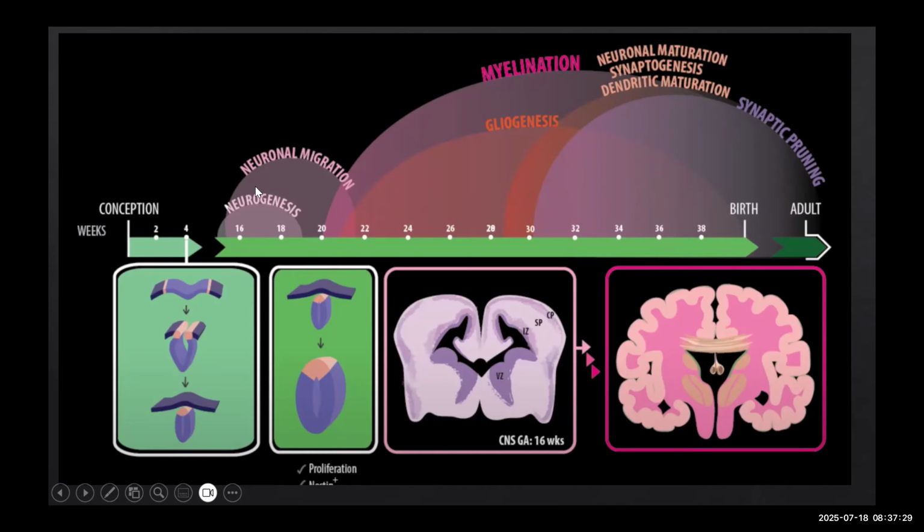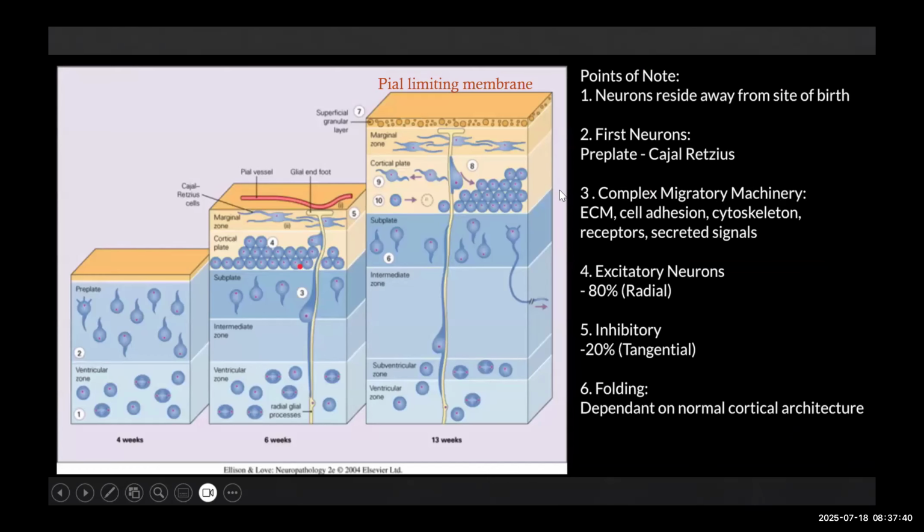All the phases are interconnected and interrelated. So the disorders of neuronal migration can be mixed with proliferation, migration, and organization. A note on the formation of the hexalaminar cortex.